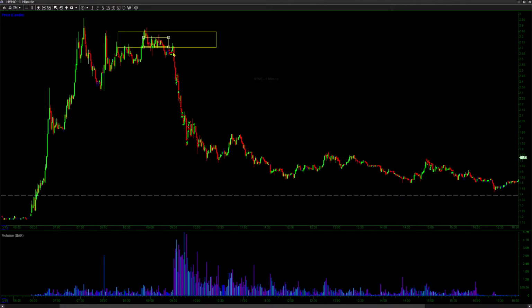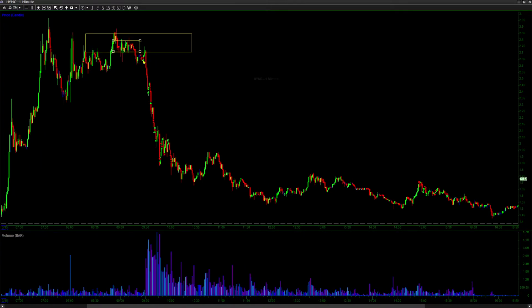So the moment it fell below here, which was an appropriate entry, you can see all my red triangles. I shorted the heck out of it. I loaded up right here, and you can see I covered right here. Then I think I mixed it up with trying to buy the dip here as well, because I thought this level right here was gonna hold.